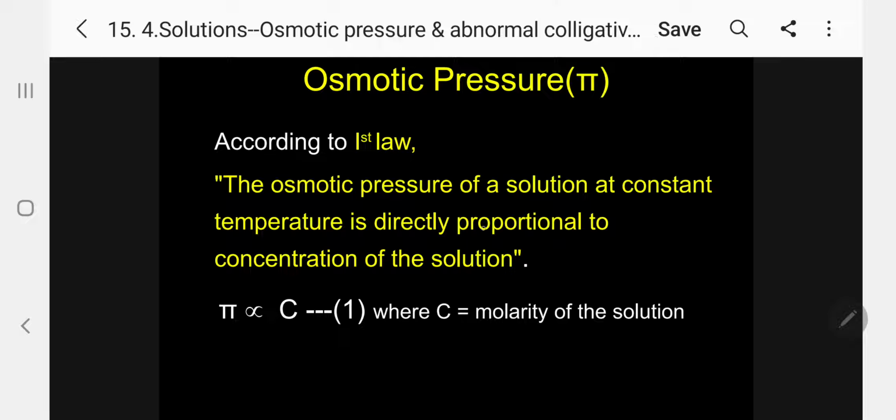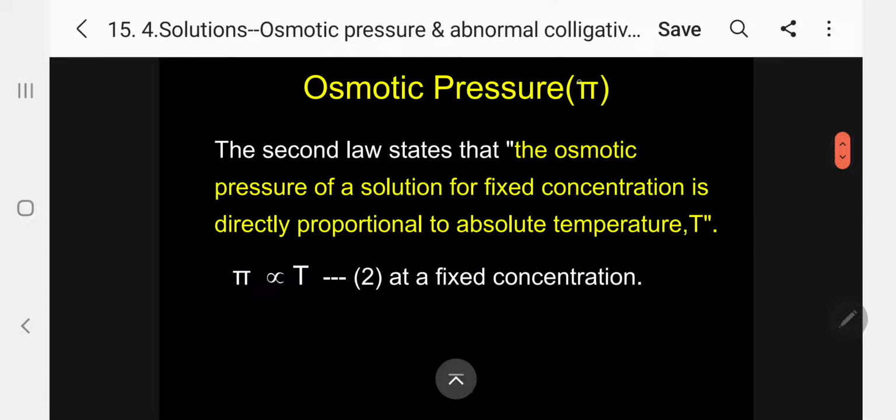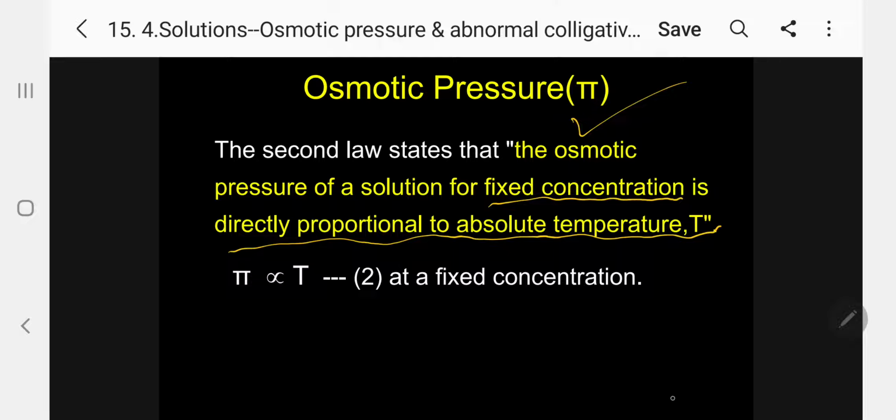Okay, the next one, the second law. The second law states that the osmotic pressure of a solution for a fixed concentration is directly proportional to the absolute temperature. So pi is directly proportional to T at a fixed concentration. Concentration we are keeping constant.